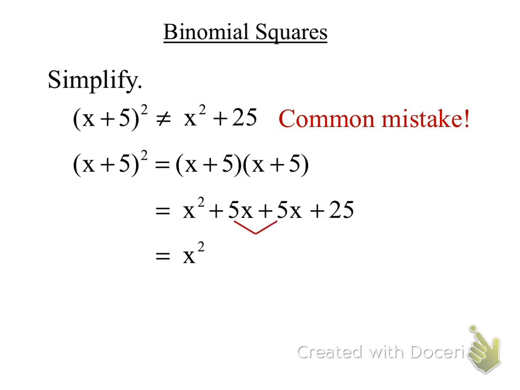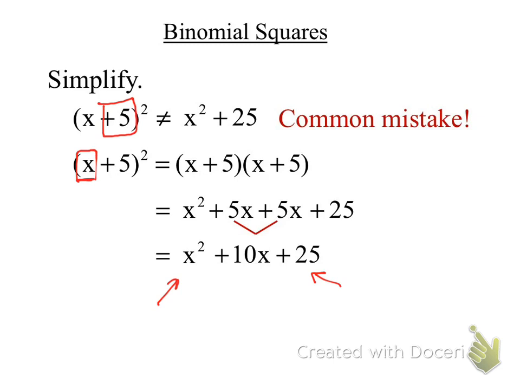Right. Now I want to talk about the easy pattern for these kinds of problems. If you notice the original binomial, we square the first term and it goes here. We square the second term and it goes here. You guys with me? Now, how do I get the middle term?